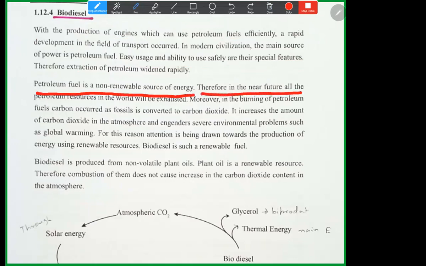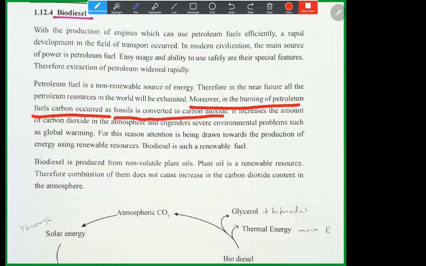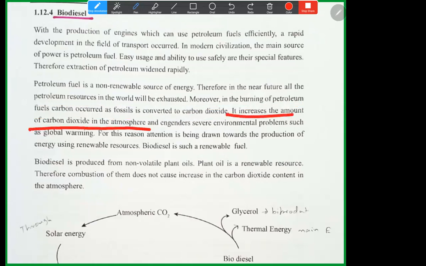Therefore, in the near future, all the petroleum resources in the world will be exhausted. Moreover, in the burning of petroleum fuel, carbon that occurs as fossils is converted into carbon dioxide. It increases the amount of carbon dioxide in the atmosphere and engenders severe environmental problems such as global warming. We can talk about global warming later.